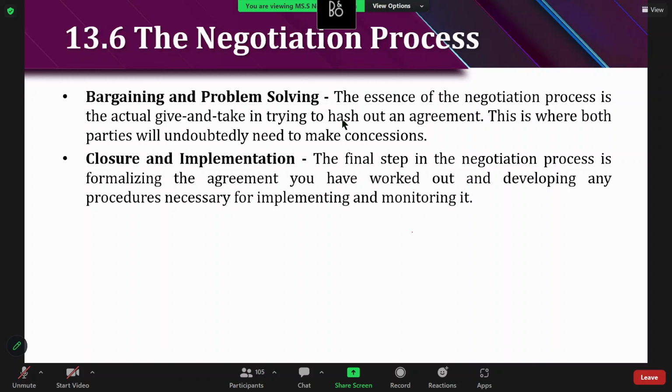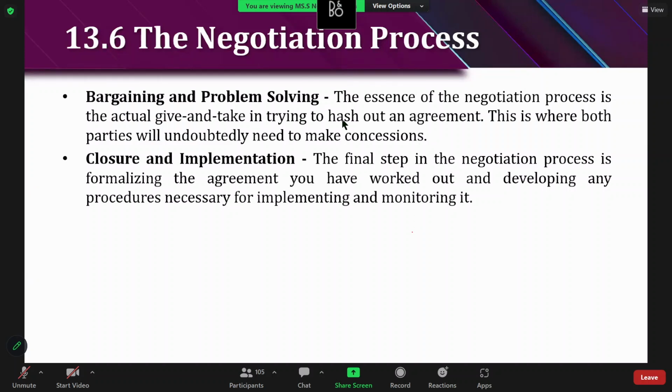And the final stage is the closure and the implementation. So here, the negotiation process is formalizing the agreement you have worked out and developing any procedure necessary for implementing and monitoring. So in the bargaining and problem solving stage, you will try to confront the other people, and at the end of the fourth stage, you will try to agree on a solution or agree on a settlement.